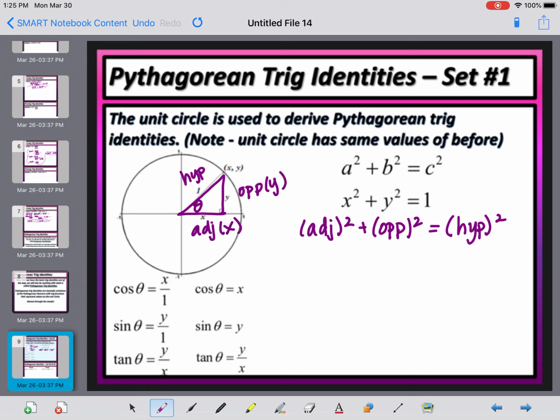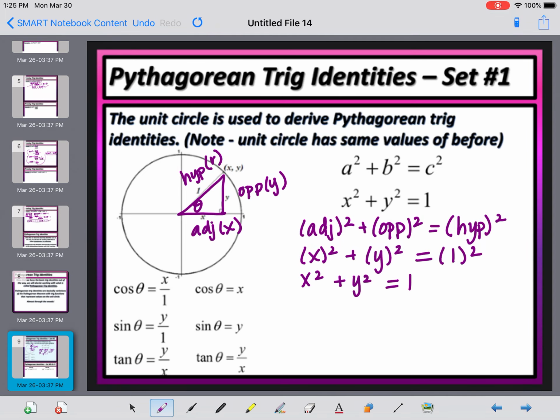So if you remember, the opposite side was the y, adjacent was x, and hypotenuse was r. So I could switch out those values here. Adjacent is x, opposite is y, and the hypotenuse always had a value of 1. So that's how we arrive at x squared plus y squared equals 1.